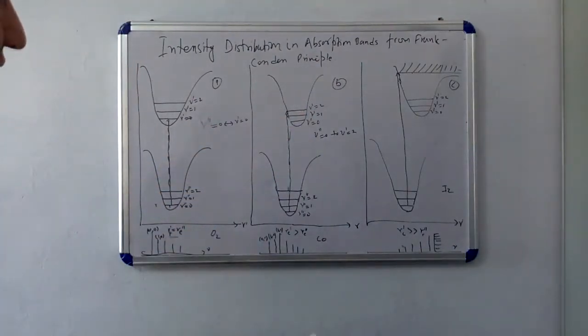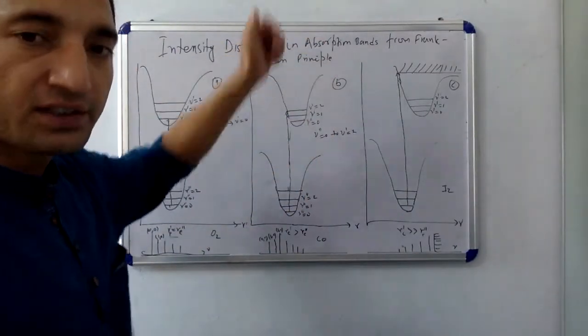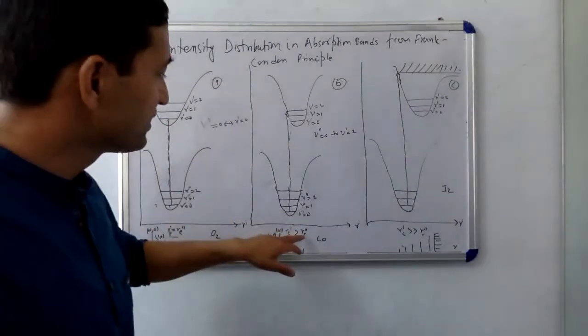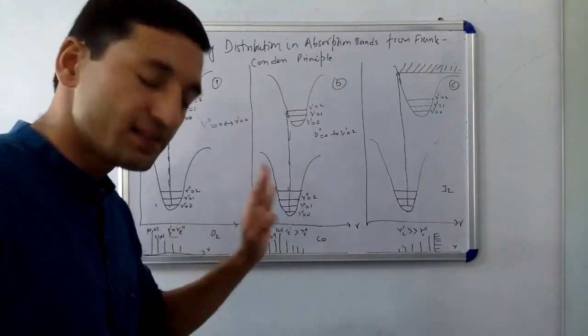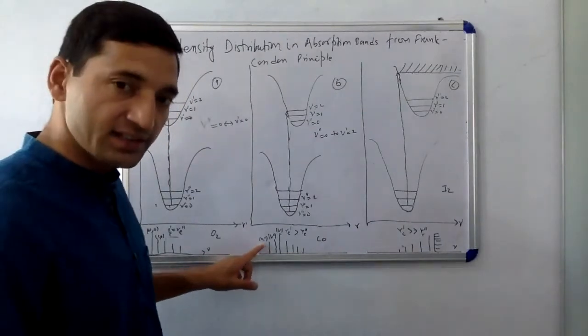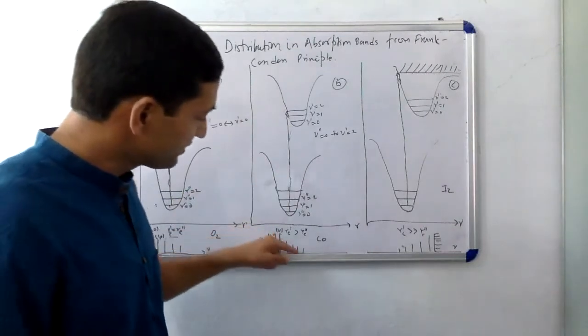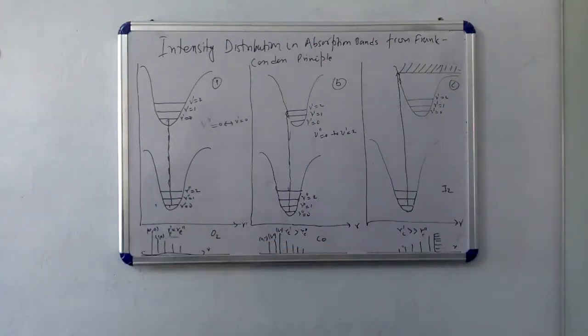Transitions corresponding to ν′ = 0, 1 and 3, 4 and so on also take place, but because Re is changing, their intensities are comparatively less. The 0-0 intensity is less, then slightly greater, and the 2-0 is the maximum, and then gradually it decreases again. This distribution is observed for the absorption band system of carbon monoxide.